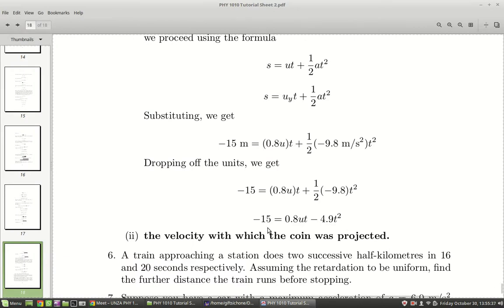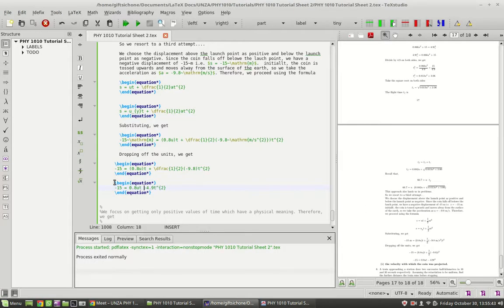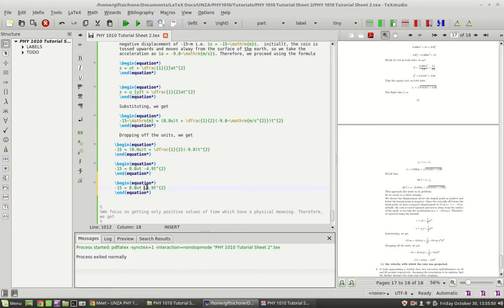Then what else do we do? We bring this negative to the other side, so we end up having plus that.